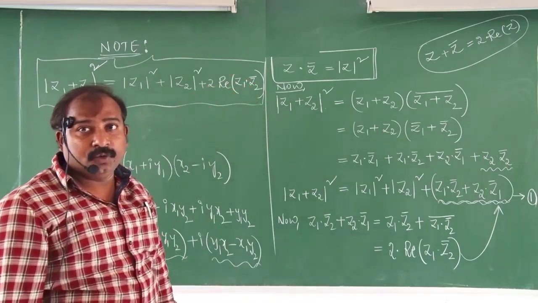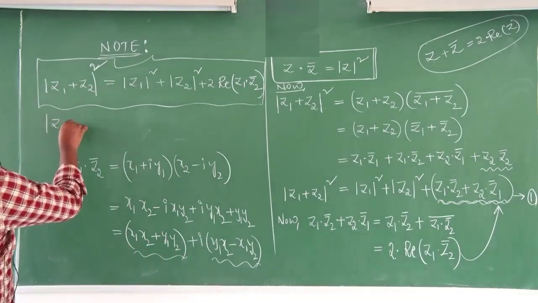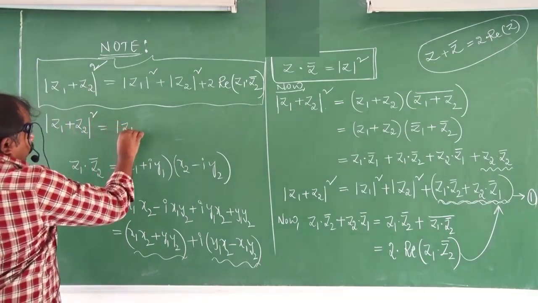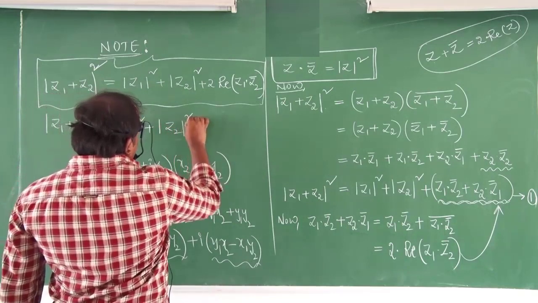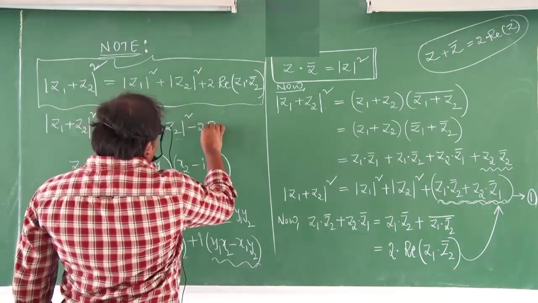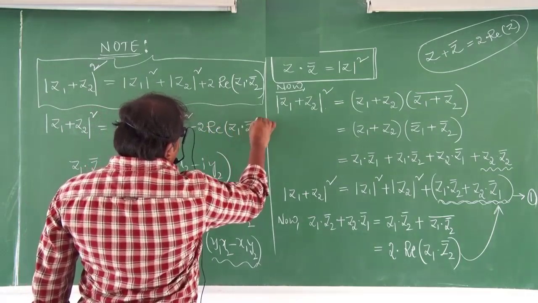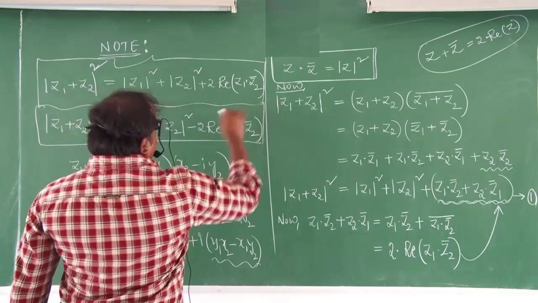For example, modulus of z1 minus z2 whole square equals modulus of z1 square plus modulus of z2 square minus 2 into the real part of z1 into z2 conjugate. This is the next formula.